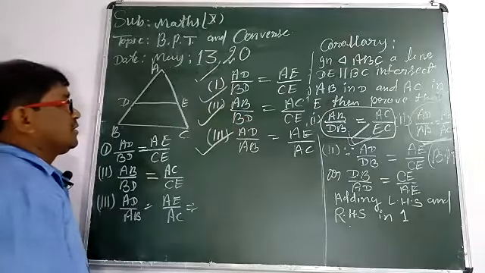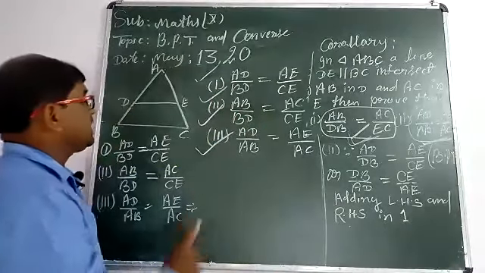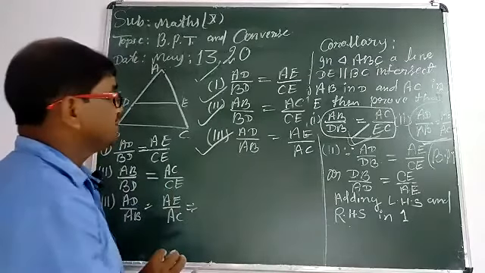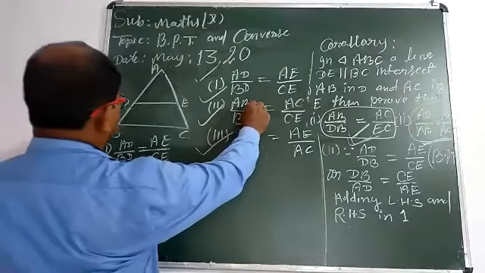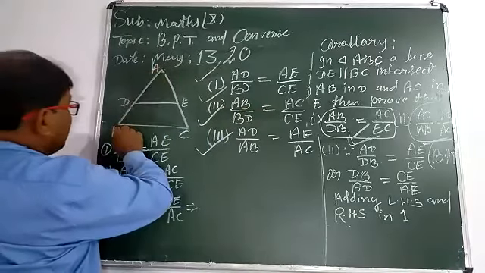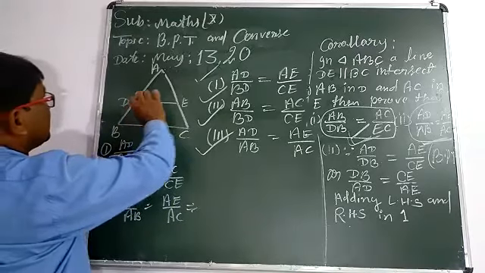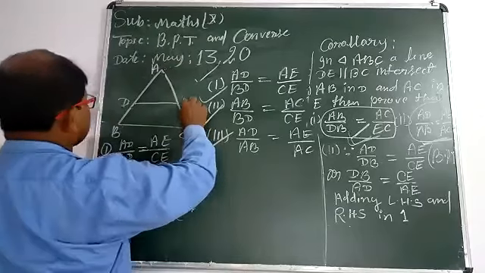Okay? By the help of these three, you will solve different types of related problems. Understood now? Mind the first corollary: whole side AB upon one intercept BD equal to AC upon CE.